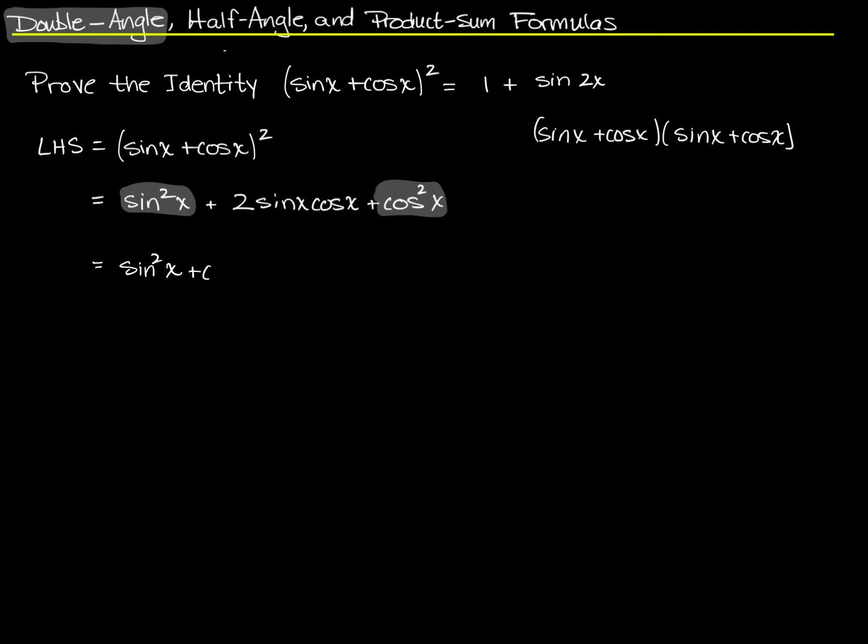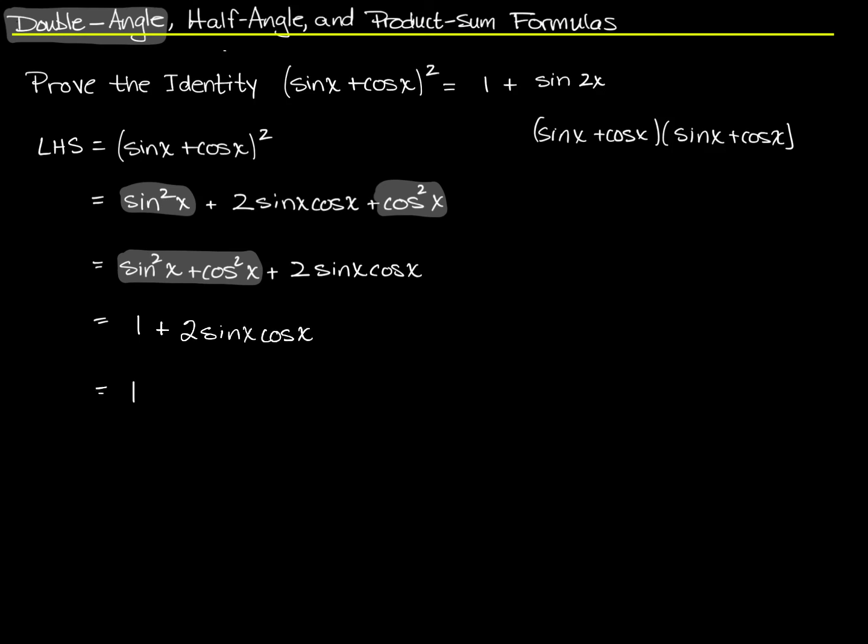Sine squared of x plus cosine squared of x plus 2 times the sine of x times the cosine of x. Well, sine squared plus cosine squared is equal to 1. So I can replace that with 1, and then I have plus 2 sine x cosine x.